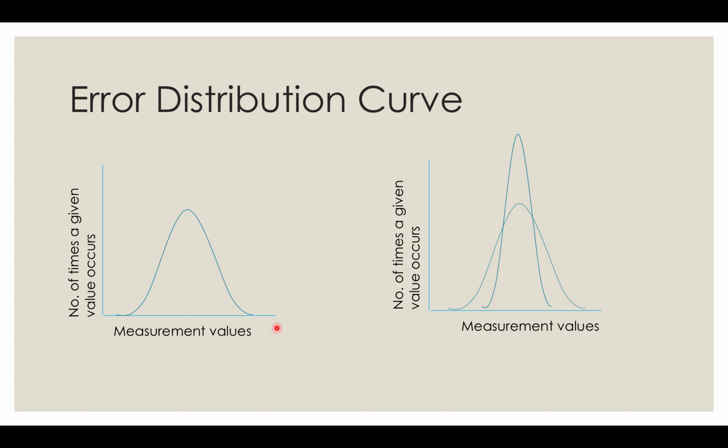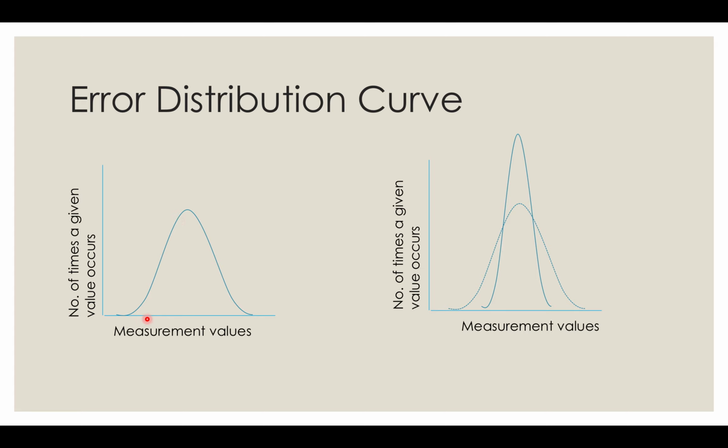Precision in a particular measurement is usually denoted using an error distribution curve. This curve looks pretty similar to the curve that we looked into previously when we were talking about indeterminate error.